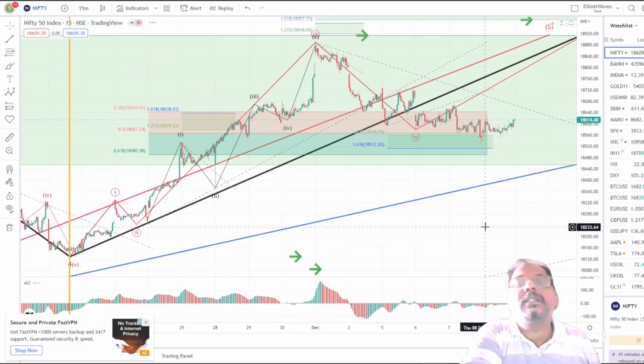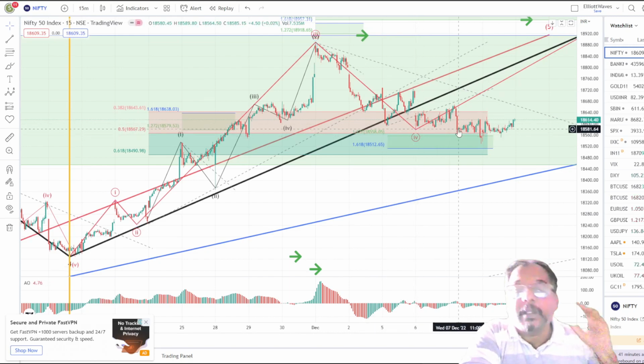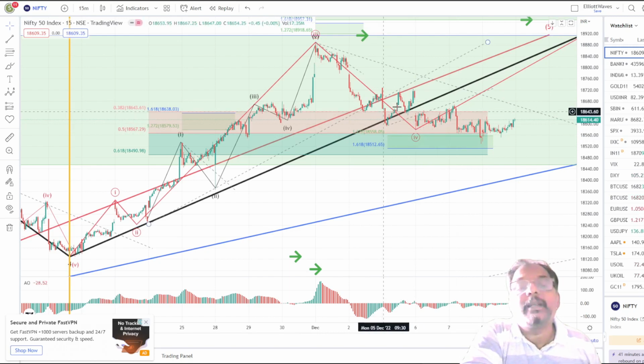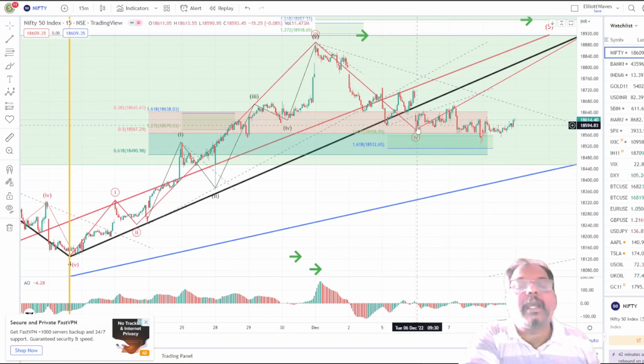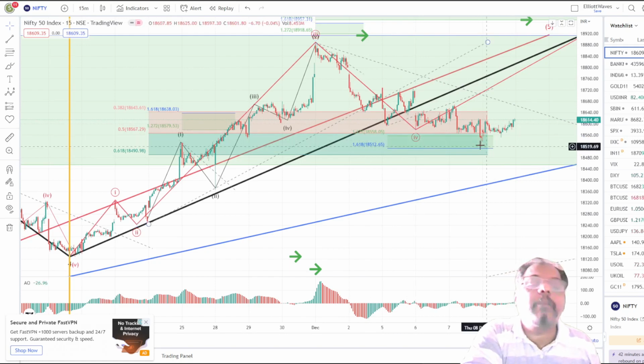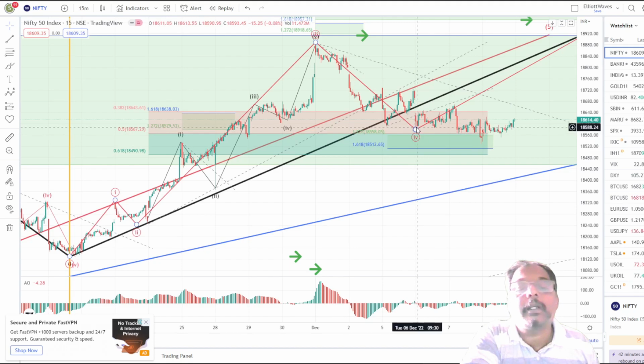So here, this is what we expected. We expected the fourth wave to be over here, and then the markets to go up. But markets have had a little bit of trading still pending to be done, and it probably would have finished it now. Again, I am not 100% sure.